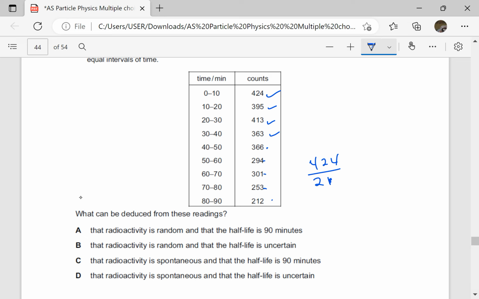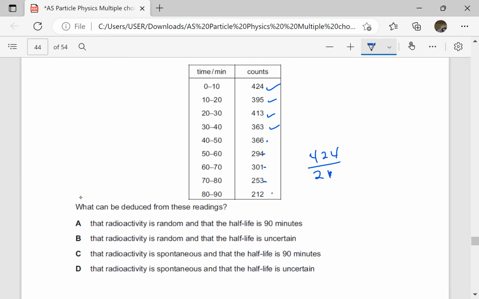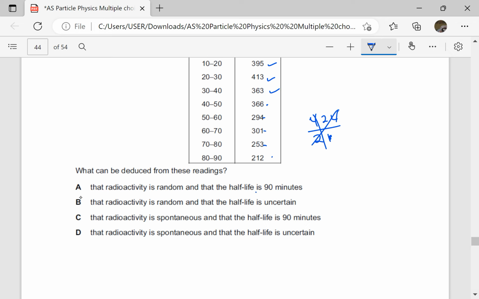But we don't know the initial count rate at t equals 0. So this is the count rate after 10 minutes. So this is not true. We cannot have a conclusion that the half-life is 90 minutes, not at all.